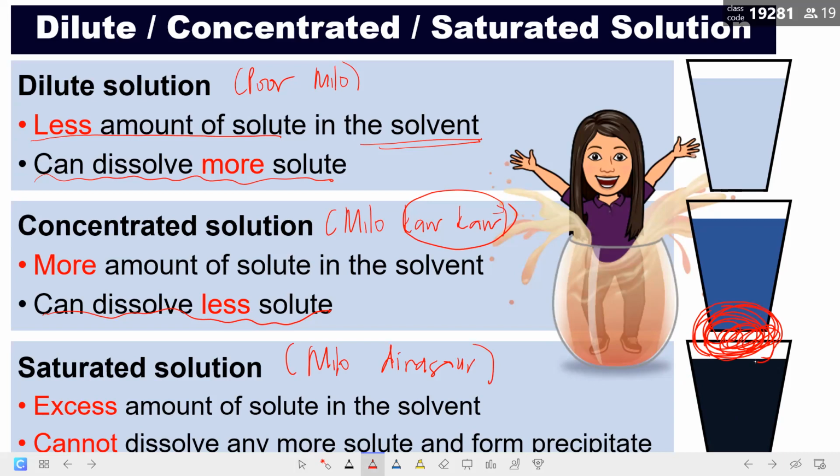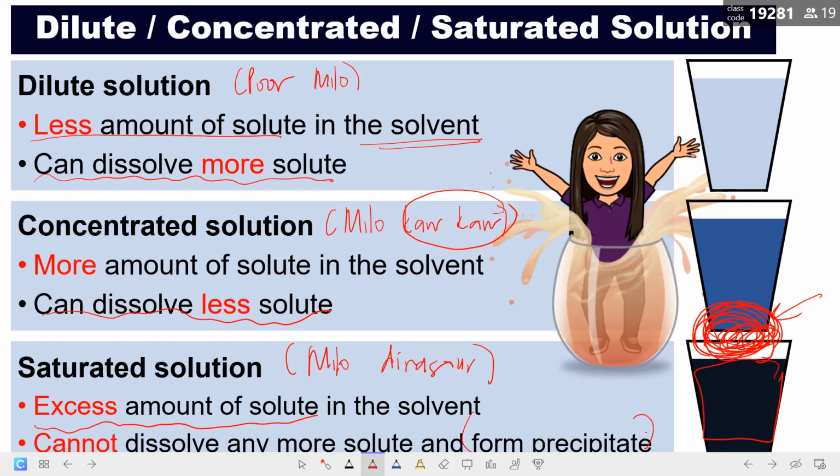You get diabetes if you take Milo dinosaur every single day. So what's the point here? I've got an excess amount of solute, too much. It's already so concentrated, and on top you put Milo powder some more. I cannot dissolve any more solute, and therefore it forms a precipitate.